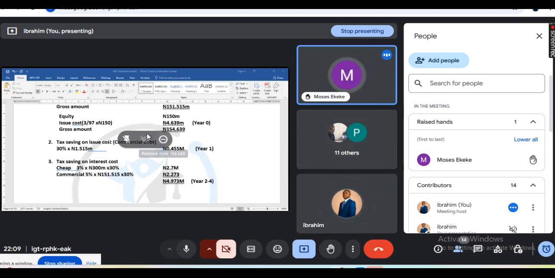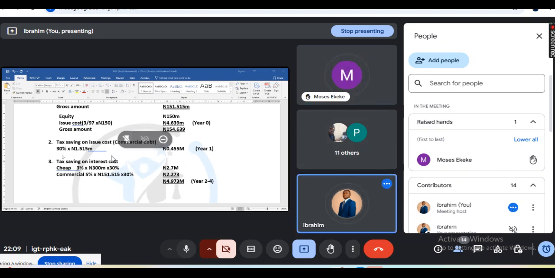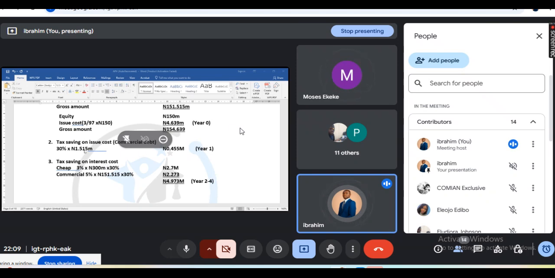So when the examiner is silent about the tax savings on issue costs, you use the commercial debt. Just use the commercial debt issue cost, and you can state your assumption at the end: it is assumed that the issue cost will be on the commercial debt at year 1. Simple. It is allowed, right?